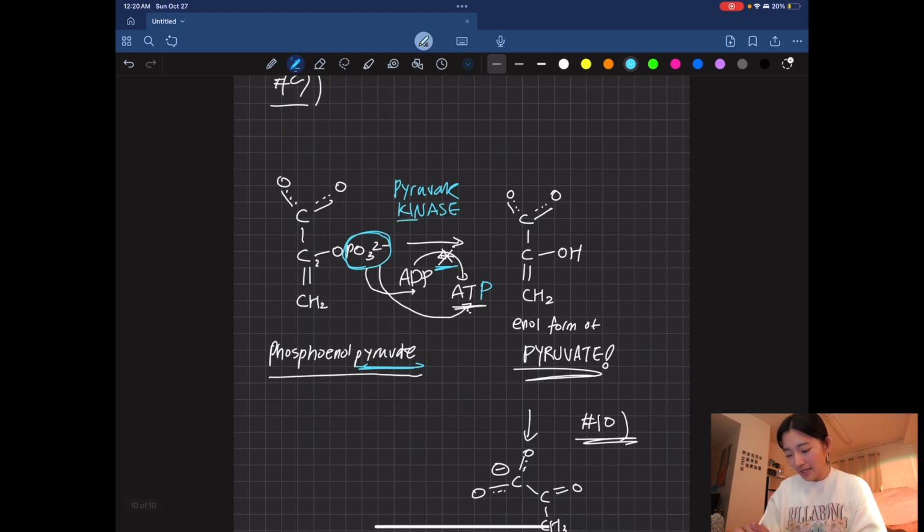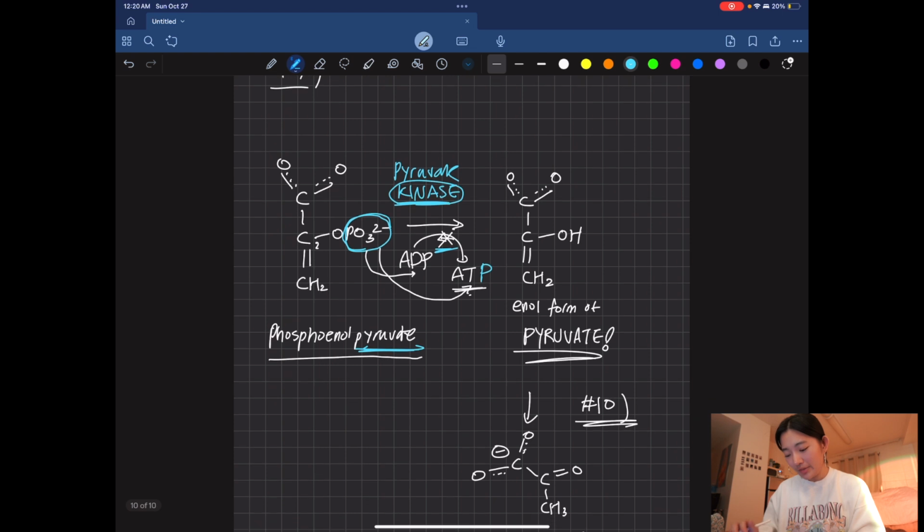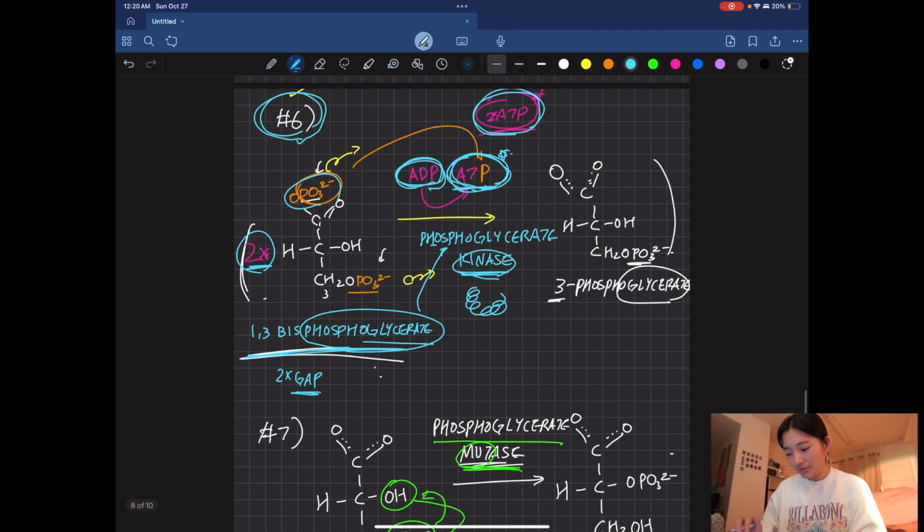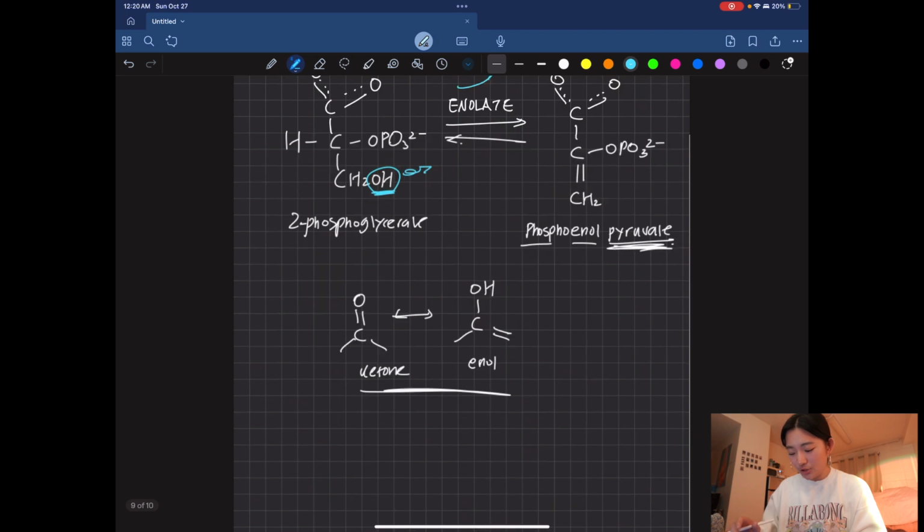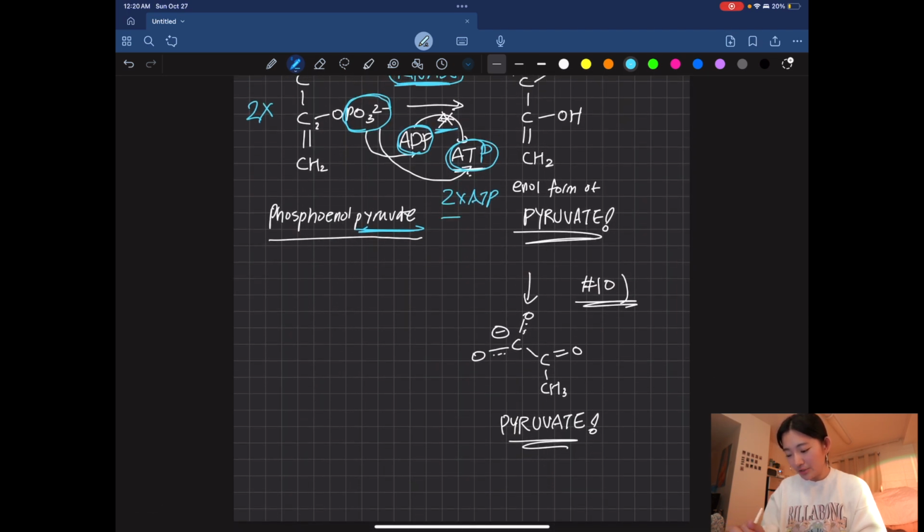We have our final kinase here, pyruvate kinase, where we took the phosphate group on phosphoenol pyruvate and we transferred it onto an ADP to make ATP. Again, we're doing this with 2 molecules of phosphoenol pyruvate. So we got 2 ATP total. So if we got 2 ATP from this reaction and we got 2 ATP from this reaction, how much ATP total did we get? 2 plus 2 equals 4. So we got 4 ATP.